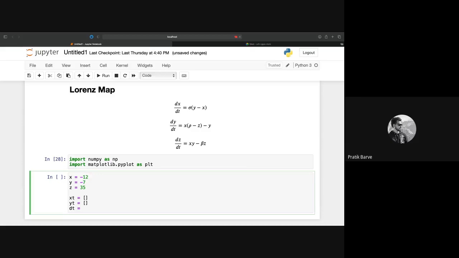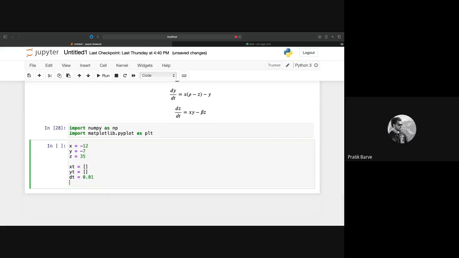Our time step, let's say it is 0.001, so it will run quickly. Now our sigma value we'll take 10, our rho value will take 28. I took 28 because the plot for rho 28 looked good.